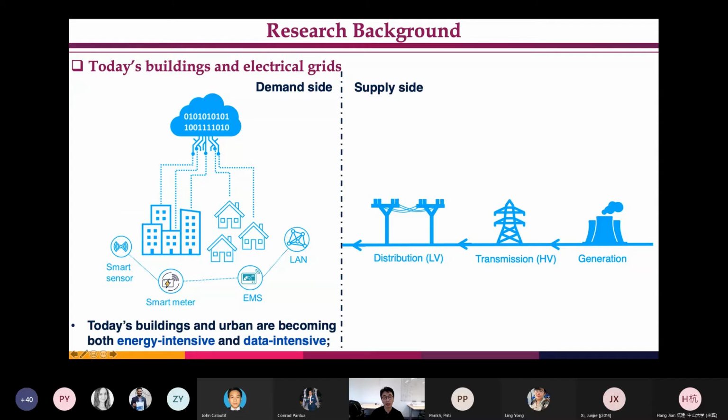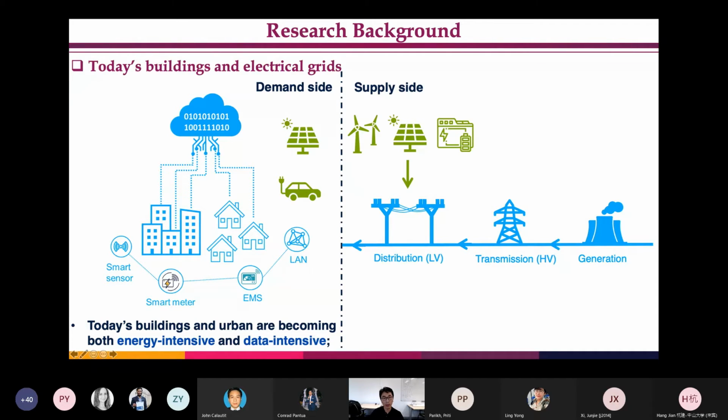Buildings are not standing alone; they are actually a part of the electric grid. They are the demand side of the grid. At the supply side, electricity goes through generation, high voltage transmission, and low voltage distribution. Nowadays, both the demand side and the supply side are undergoing changes.